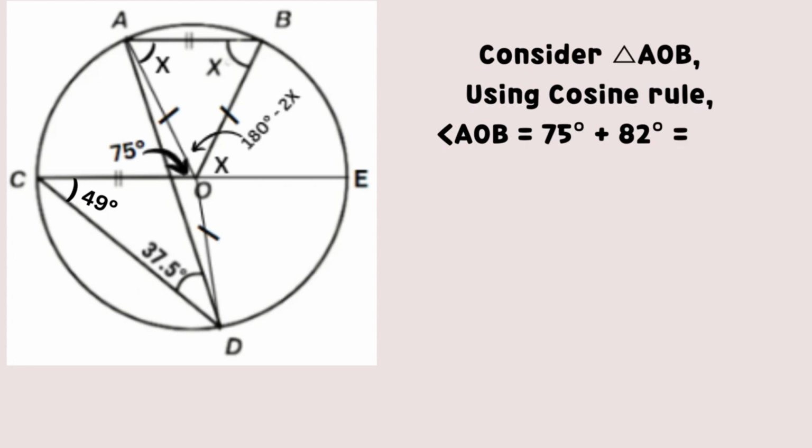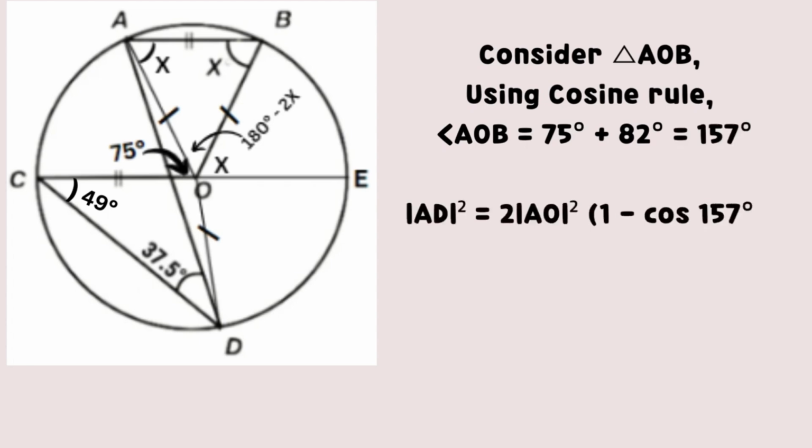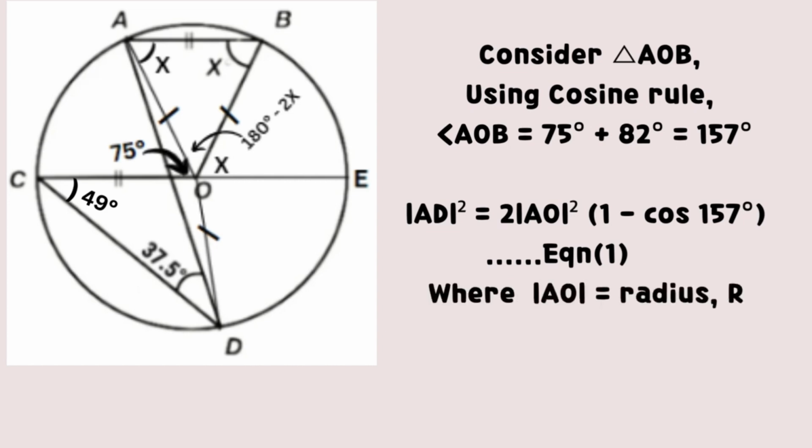Consider triangle AOB. Using the cosine rule, angle AOB equals 75 degrees plus 82 degrees equals 157 degrees. The square of line AD equals 2 times the square of line AO times 1 minus cosine 157 degrees.